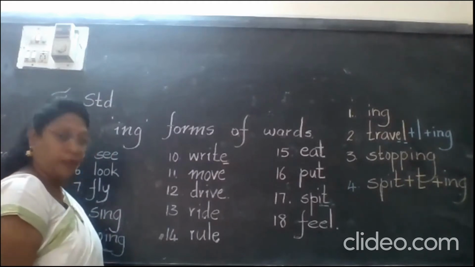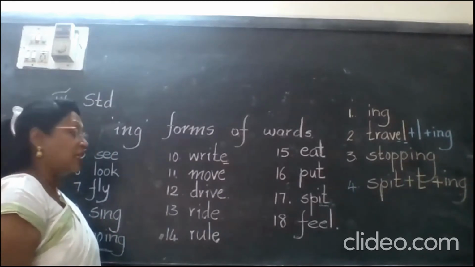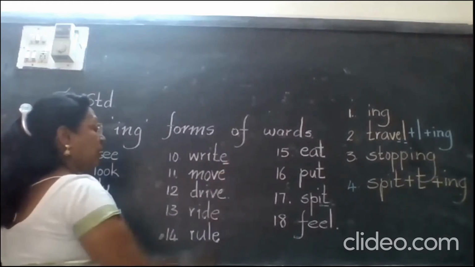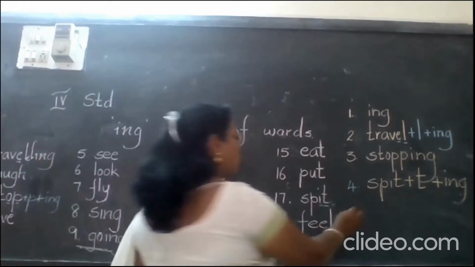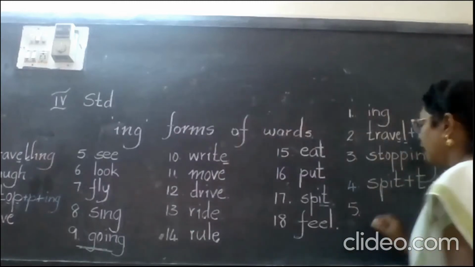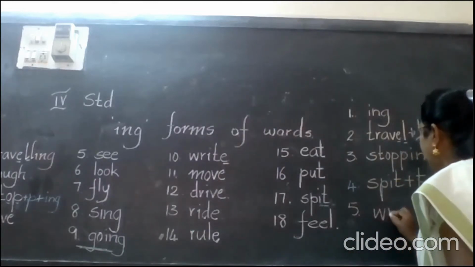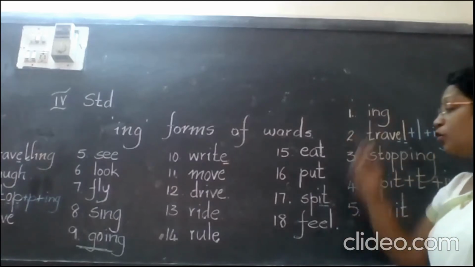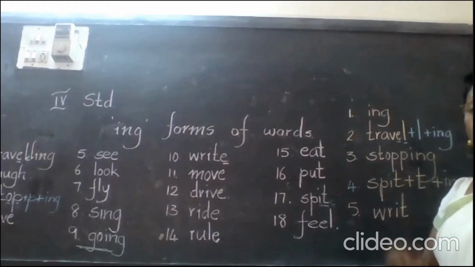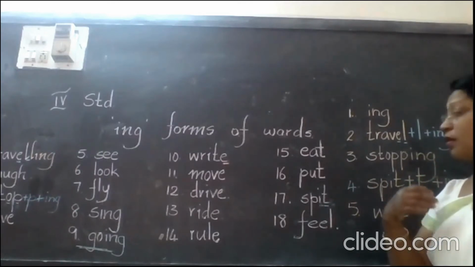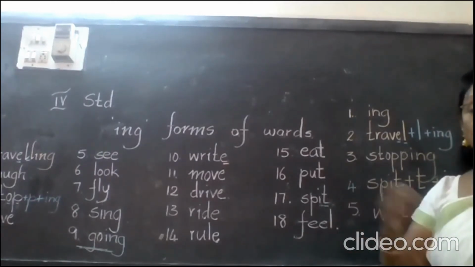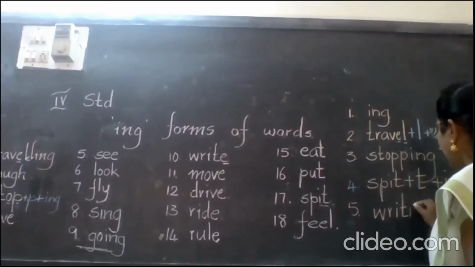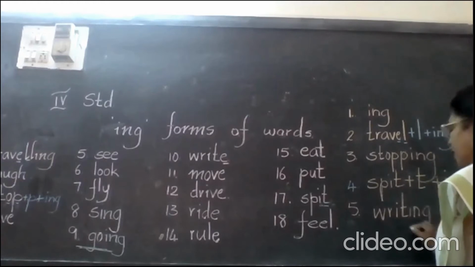Right, children? Rule 3. What does rule 3 say? It says drop the E. That means remove E. So I'm going to show it here for you. W-R-I-T. So it says remove E, which means do not write E, or do not add E, or do not put in E, but remove, subtract, delete. Okay? And add ing, writing.